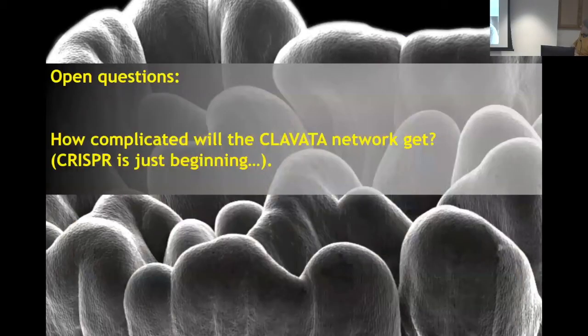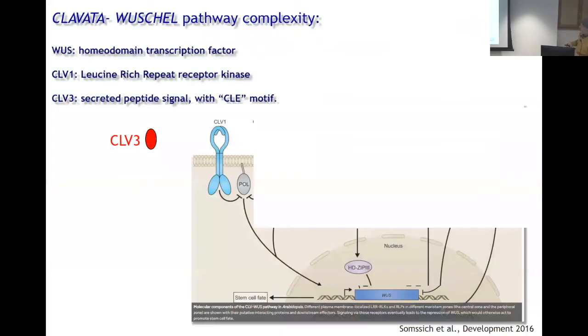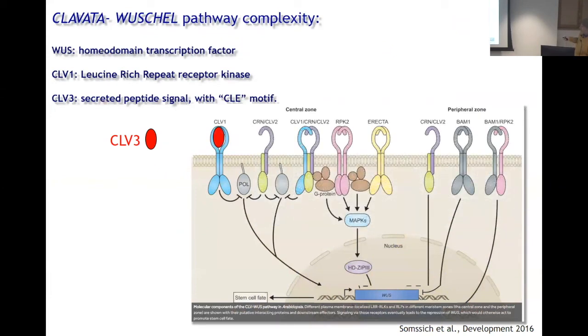So where are we? I think I've hopefully convinced you or confused you that the CLAVATA network is very confusing and complex, and CRISPR is just beginning, so it's going to get a lot worse. We used to be in this great situation where we had CLAVATA3 binds CLAVATA1, and that regulates WUSCHEL, there's feedback, but we now know that there are many more receptors that function in meristem control, and then all these downstream signaling components.